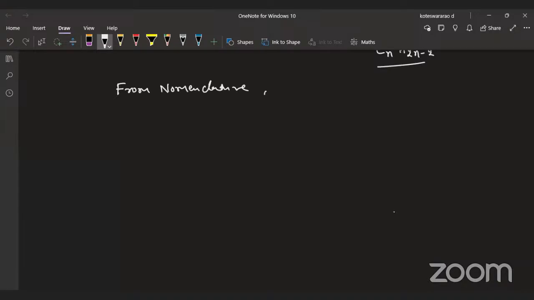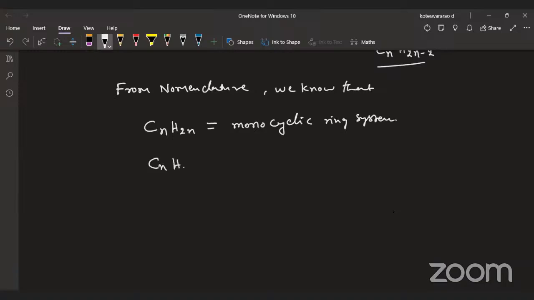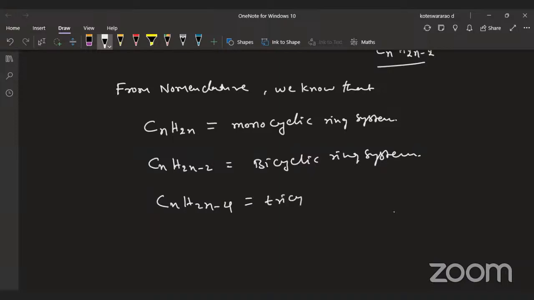From nomenclature, we already know, as discussed yesterday, that CnH2n is the monocyclic system, CnH2n minus 2 is the bicyclic ring system, and CnH2n minus 4 is the tricyclic system.